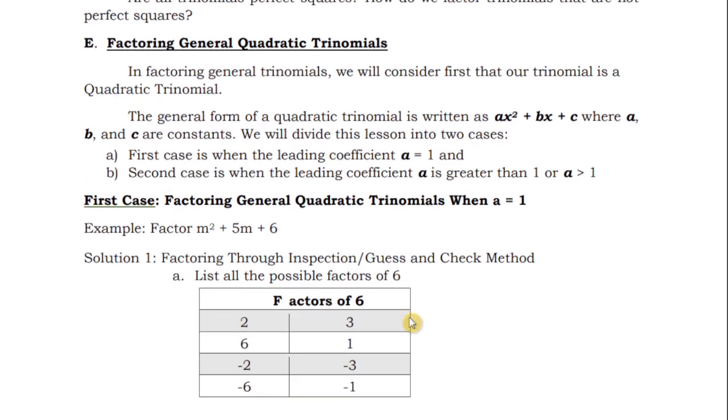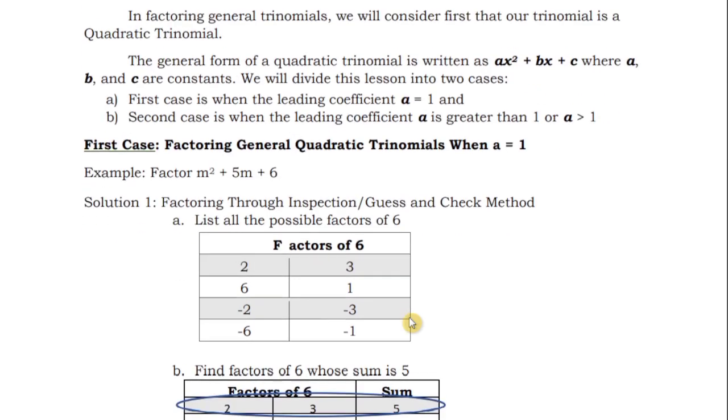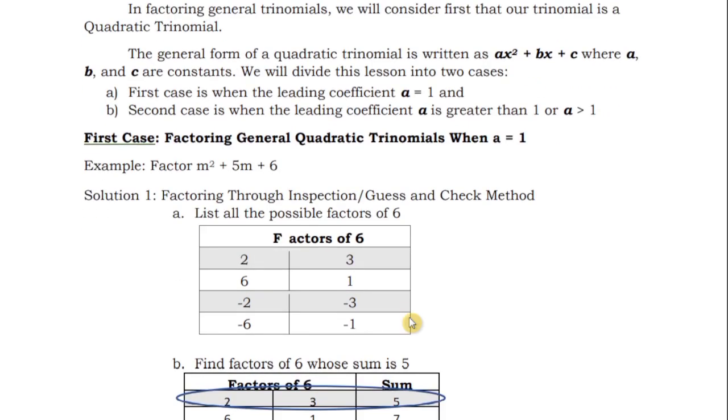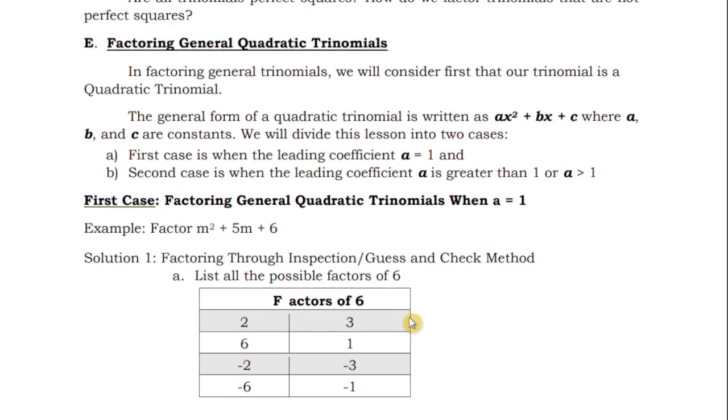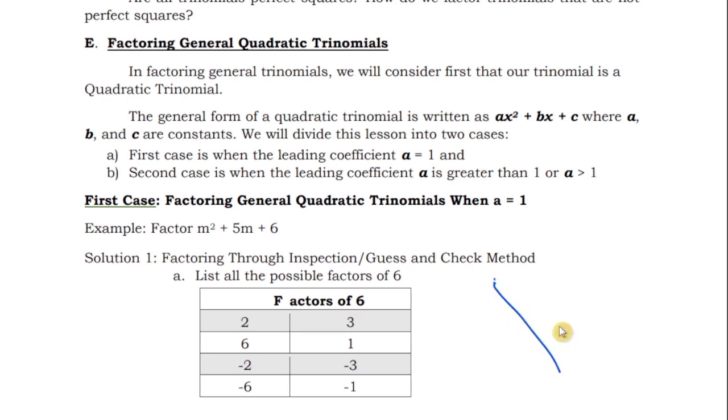So we also have how to factor general quadratic trinomials. Given number 5, we have to factor m squared plus 5m plus 6. So we have to make use of the diamond method.